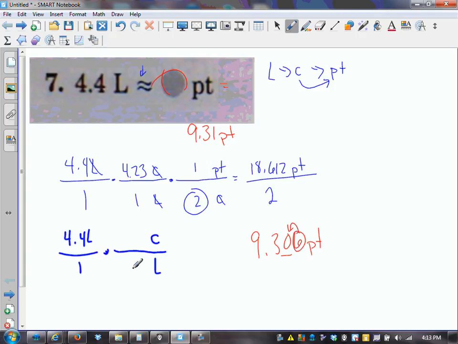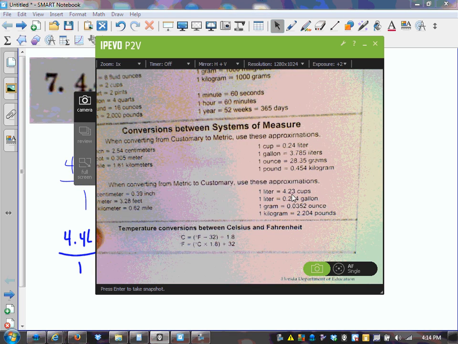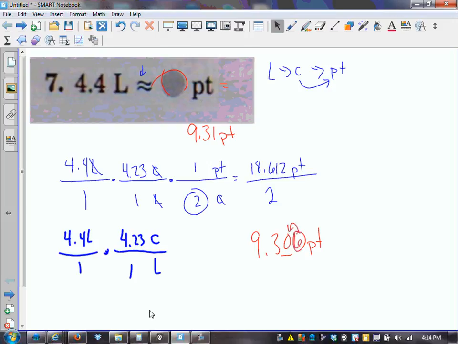All right, and I see that I have 1 liter is 4.23 cups. That's what's on my reference sheet. 1 liter is 4.23 cups. Okay, so I just put that on there. Now, I don't know how to make this much easier. People will constantly put 4.23 down by liters, put 1 up by cups, right?